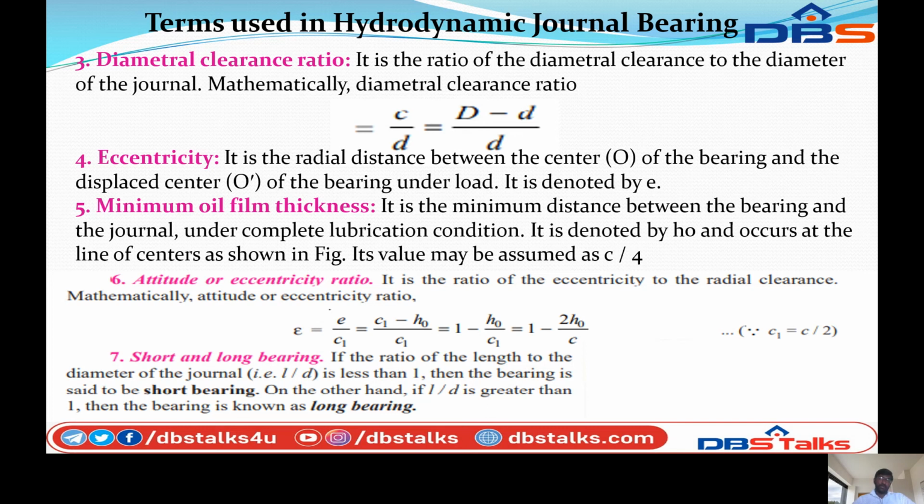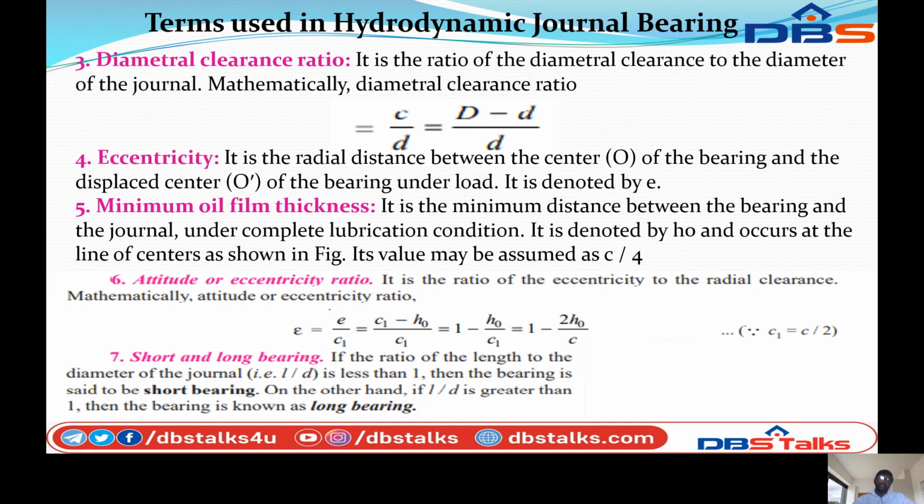The 2 goes to the numerator, so 1 minus 2 H naught by C. So this is the attitude or eccentricity ratio, epsilon is equal to 1 minus 2 H naught by C.